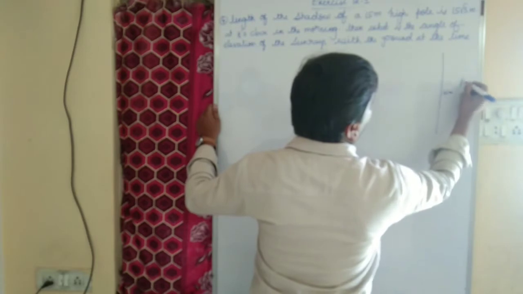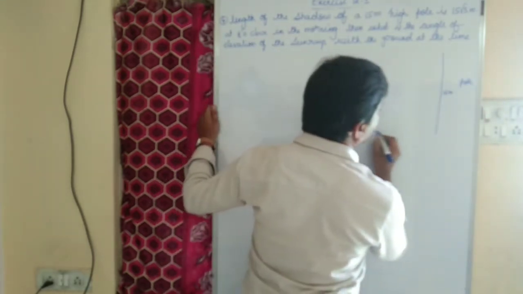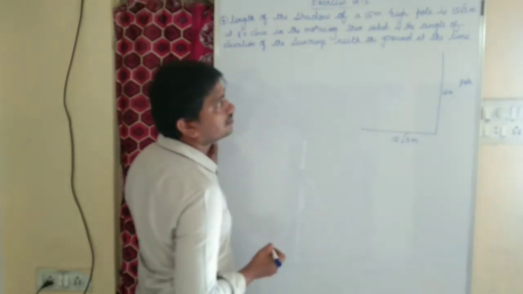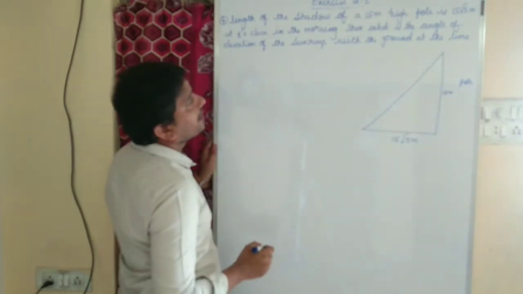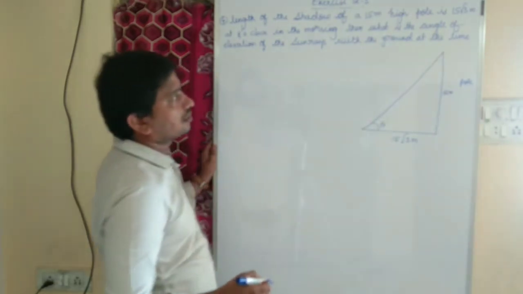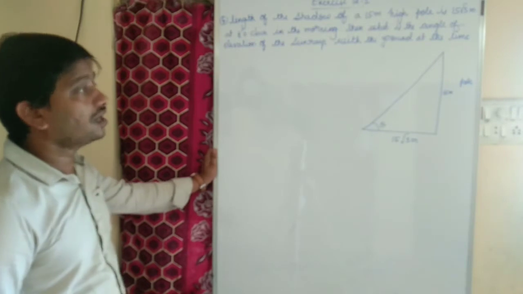So this is our pole whose height is 15 meters and whose shadow is 15 root 3 meters, right? And they are asking to find what is the angle of elevation of the sun rays with the ground at that time, I mean at 8 o'clock in the morning.